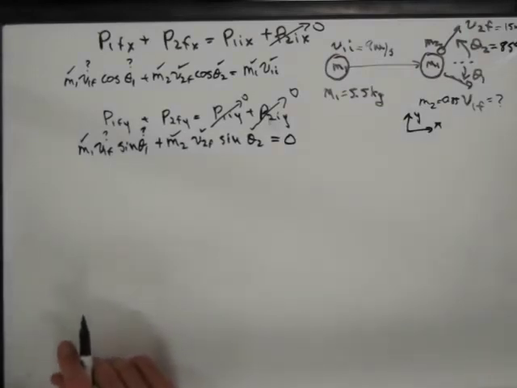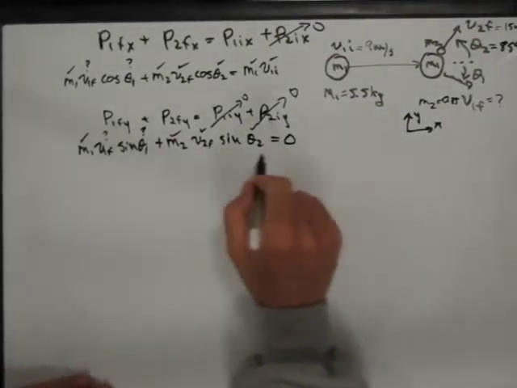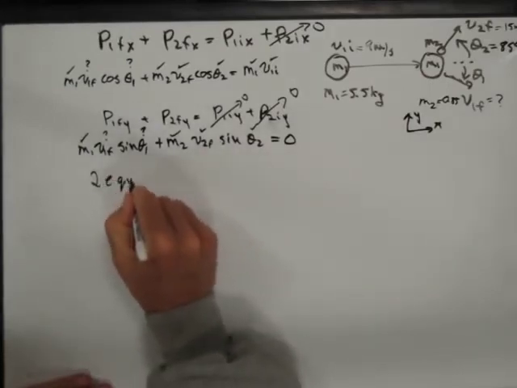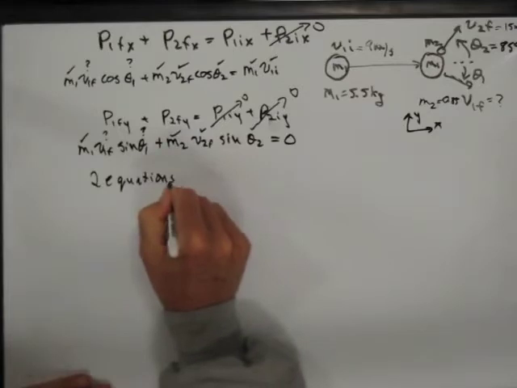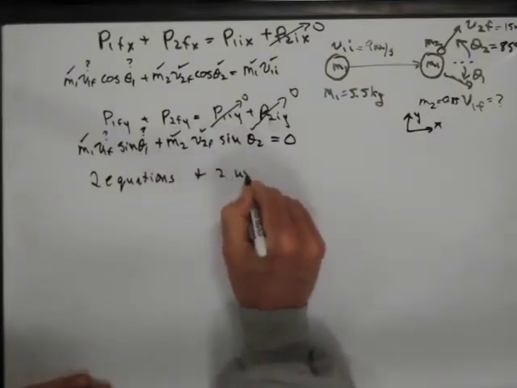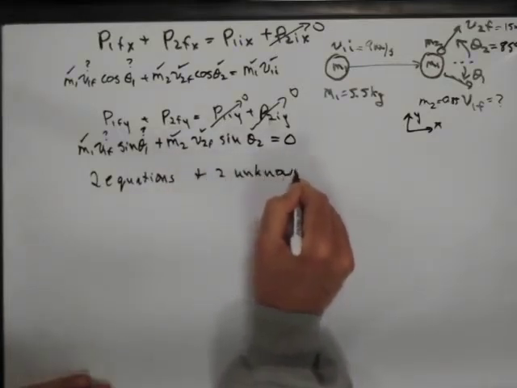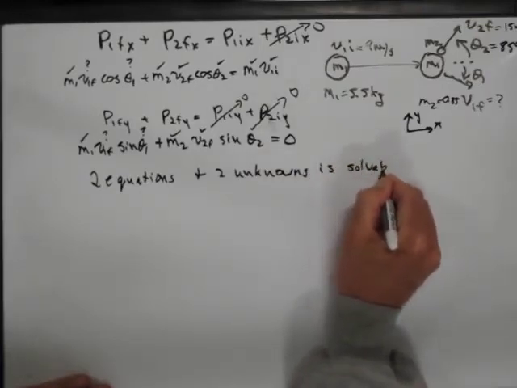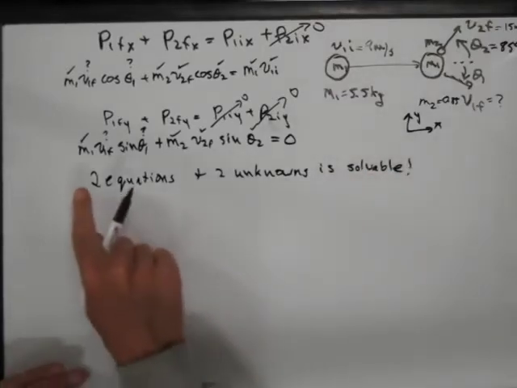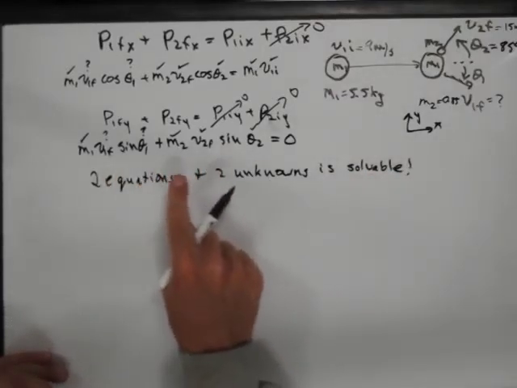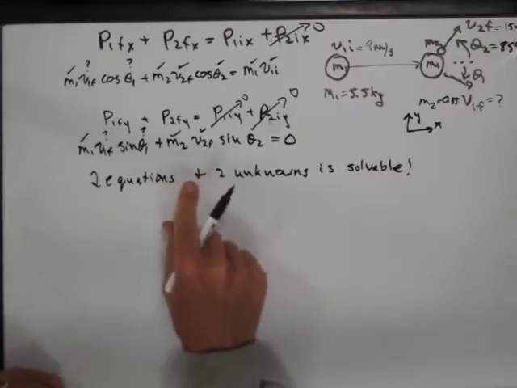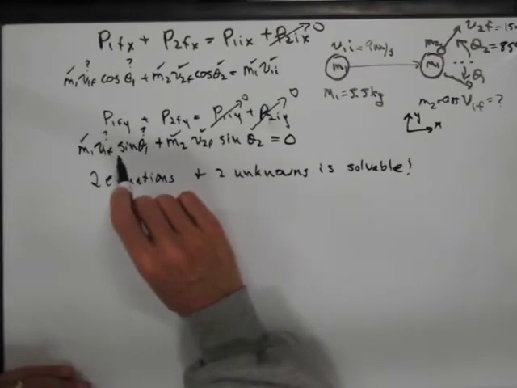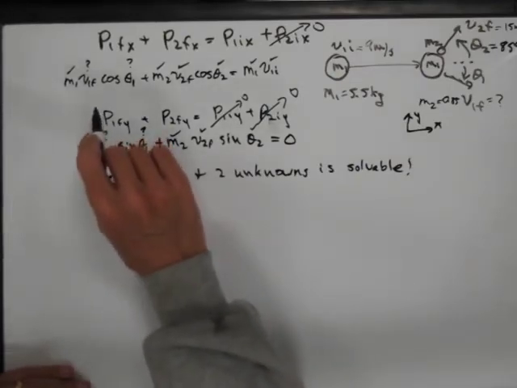But now I have two equations and two unknowns, which is solvable. And so I'll work through the algebra on this and just show you one way. There's lots of ways to solve this. What we usually do is we pick a variable here and solve for it and then substitute into the other equation.